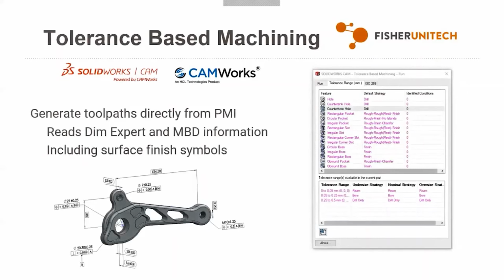So if you happen to have a tolerance, in this case 0 to 0.05 millimeters, which is close to 0.002 inches, tolerance-based machining allows you to employ a strategy that can actually achieve that tolerance and try to be within nominal of that. It even gives you the option of going with a nominal strategy, oversize or undersize.